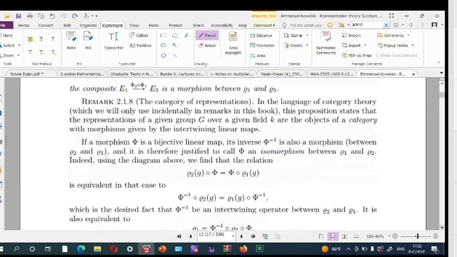It is very easy because we can compose the two sides of this equality with the inverse of phi.